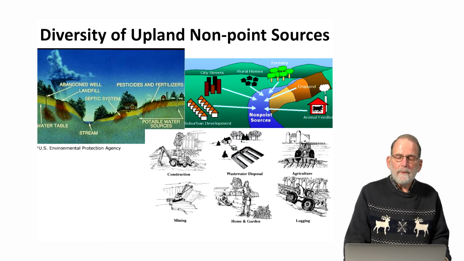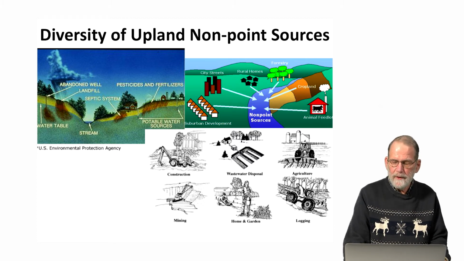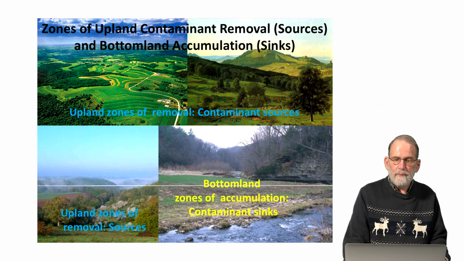In the lower right, we can see specific kinds of activities that contribute non-point source contaminants, such things as wastewater disposal systems, agricultural systems, mining, logging. These are all examples of activities that have the potential, they don't always, but they have the potential to create non-point source contamination in the landscape.